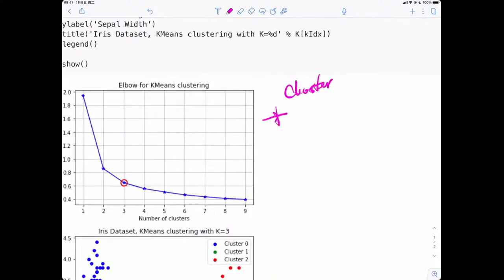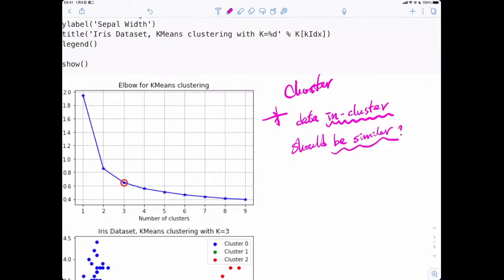We have a very interesting thing. What does similar mean? It means less variance, or less standard deviation.